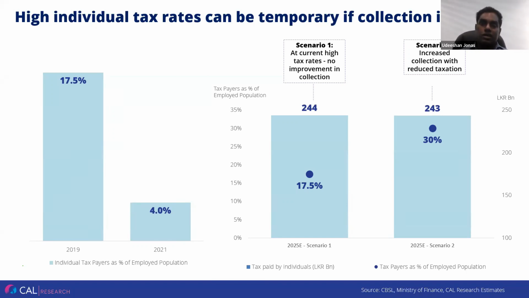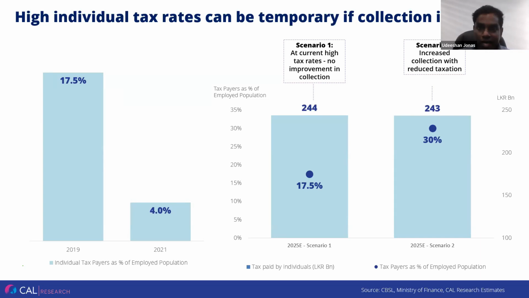That will effectively reduce the government's interest cost, which means the government can afford to reduce the tax rate because their costs will reduce. So there is a possibility that these 36% tax rates on the higher end are likely to reduce in 2-3 years' time.